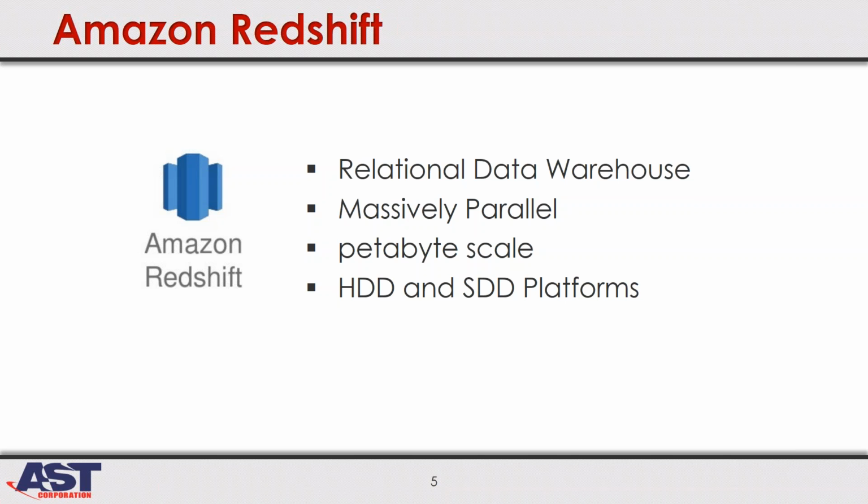If we want more and more capacity, we add another cluster, so we can increase it in parallel indefinitely. As for scale, it's petabyte scale, so we can build an Amazon Redshift at petabyte scale, whether you want 10 petabytes or 2, based on your need. It provides two platforms, a hard disk platform and a solid state disk platform, so based on our requirements, we can choose either one.